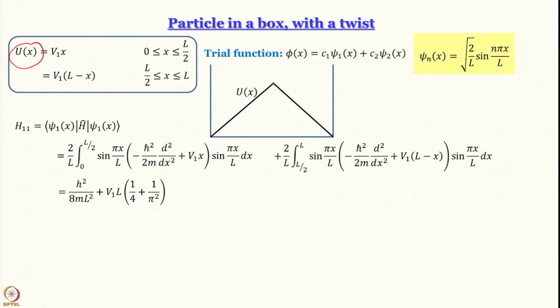The second term I have written as V1 into L multiplied by something that arises from the second term of these integrals. It is a little long, but it is definitely not undoable. So, this is the result we get. This here is our H11.